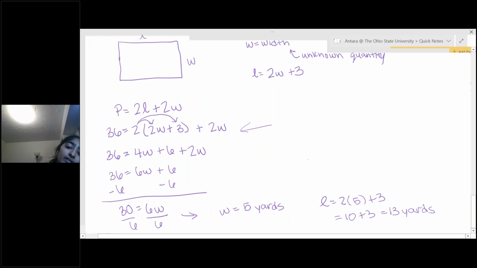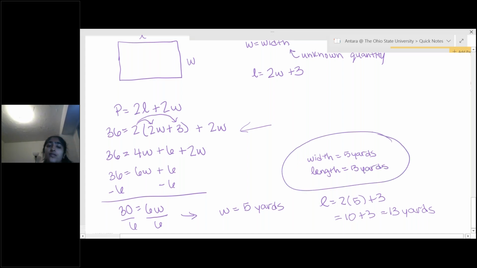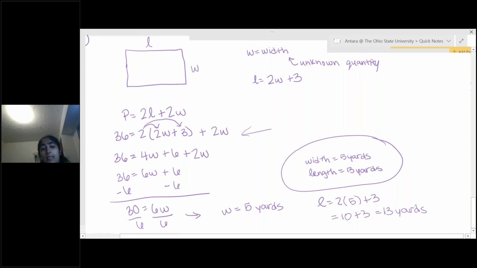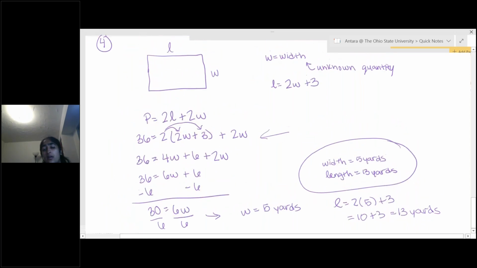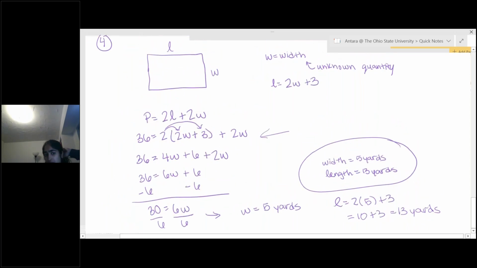So the width equals 5 yards, and the length equals 13 yards. And that's our answer for this problem. This is a little more complex problem than previous ones we've done, but I think it's a good one to do.